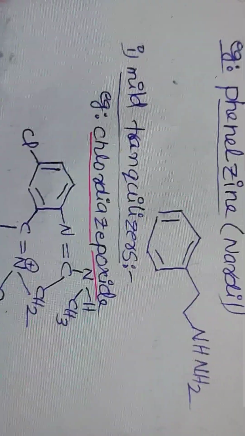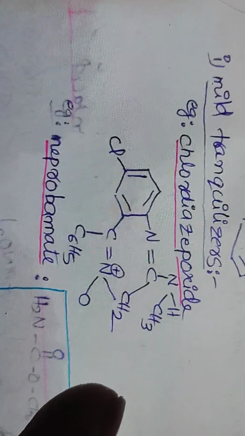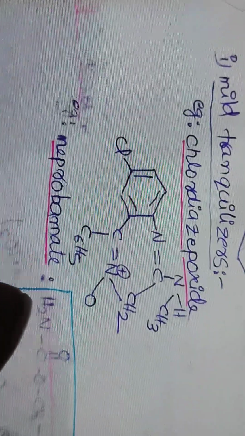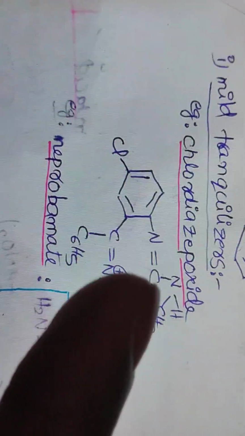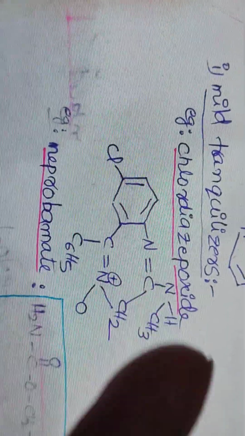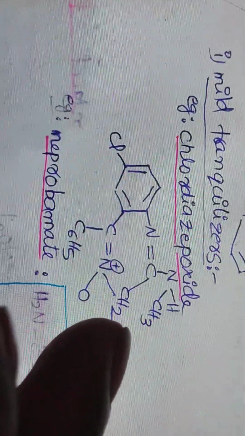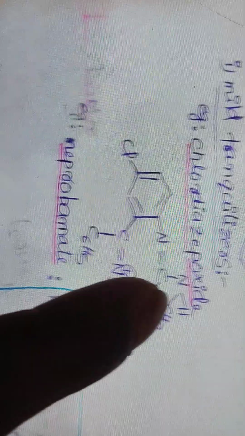An example of a mild tranquilizer is chlordiazepoxide. The structure has chloro, two nitrogens like this, and an epoxide structure.